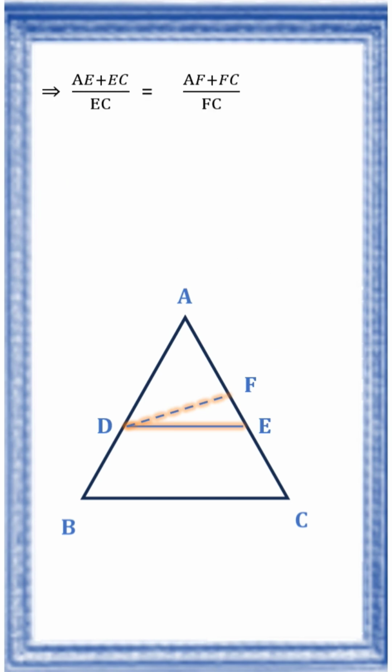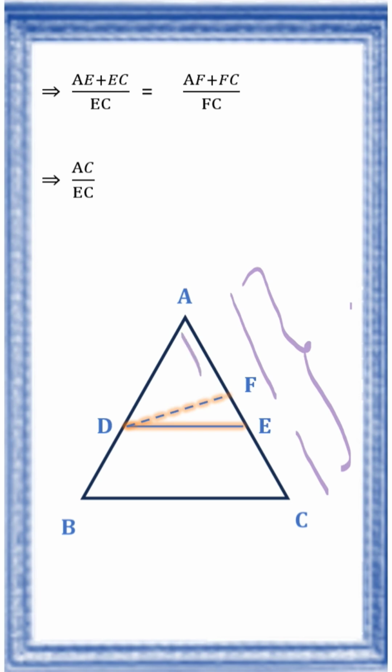Okay. Here AE plus EC is equal to AC. So in the numerator AC, in the denominator EC. AC by EC. Here AF plus FC is equal to AC. So in RHS, AC by FC.